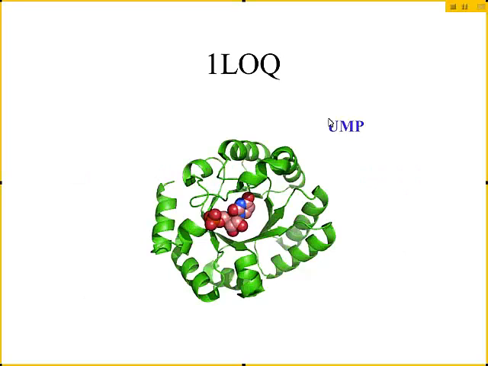Now, the first case, 1LOQ, is the one case where if you're in a hurry, you're going to make a mistake. And I say this having done this, even after 10, 15 years working with structures. If you get in a hurry and just pull down the PDB file, you're going to look at this, and there's not going to be any clue that you don't have the whole molecule there, because the crystallographic twofold lines up against the molecular twofold, so you have just half the biological unit.